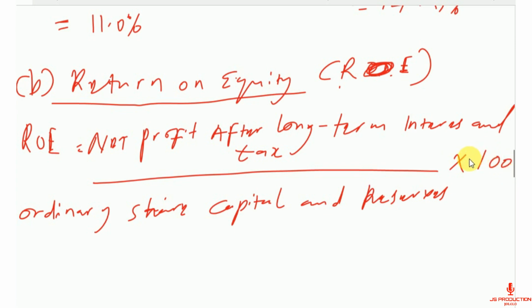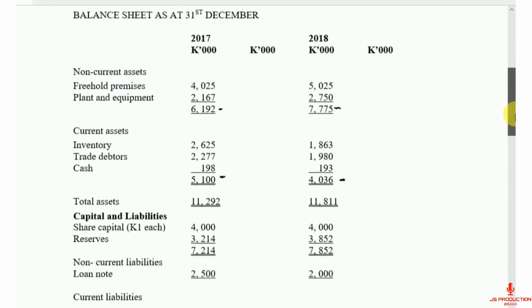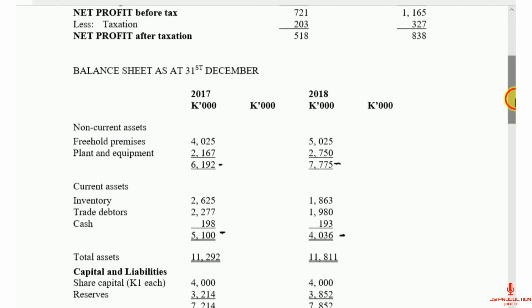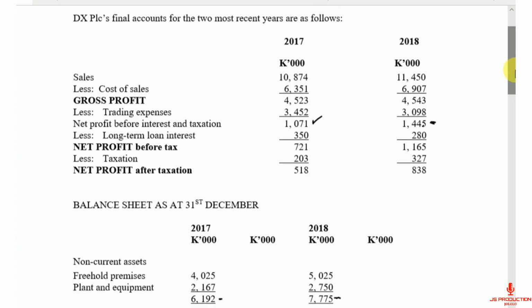And we can find the return on equity for 2017 and 2018. Let us look at the net profit after long-term interest and tax.